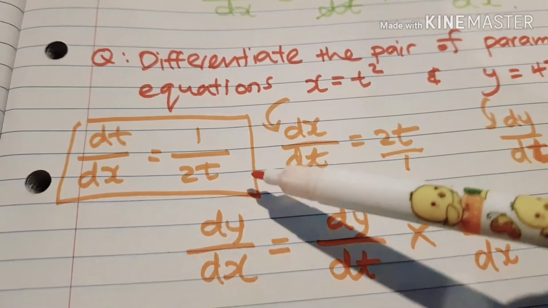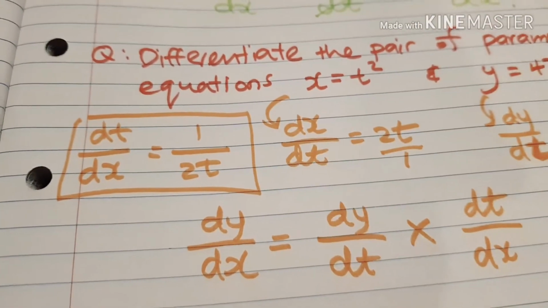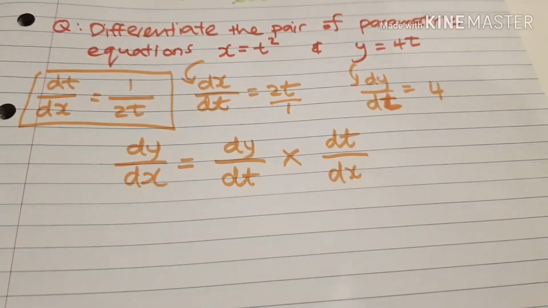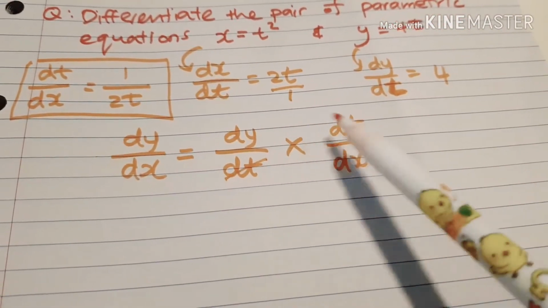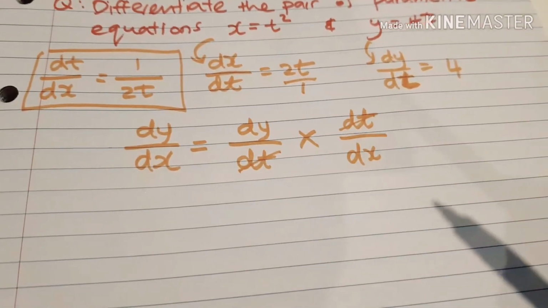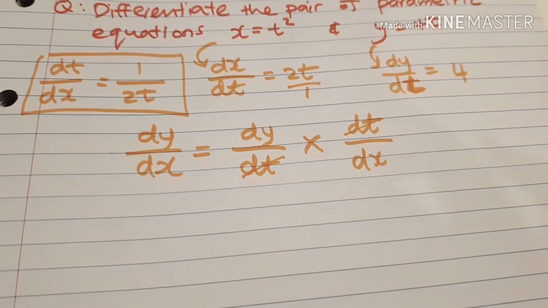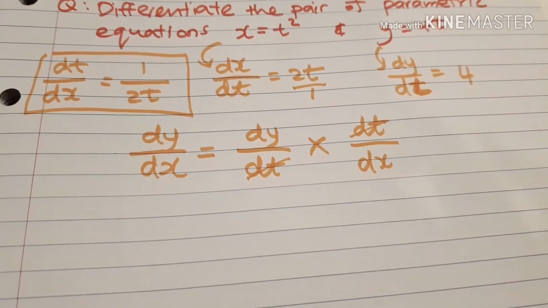I just flipped it and rewrote it there. Like this, dt will cancel out, and all that remains will be dy over dx, as on the left hand side.